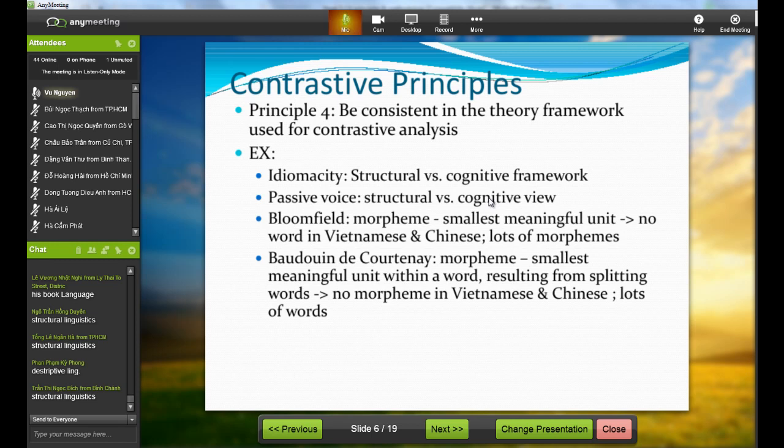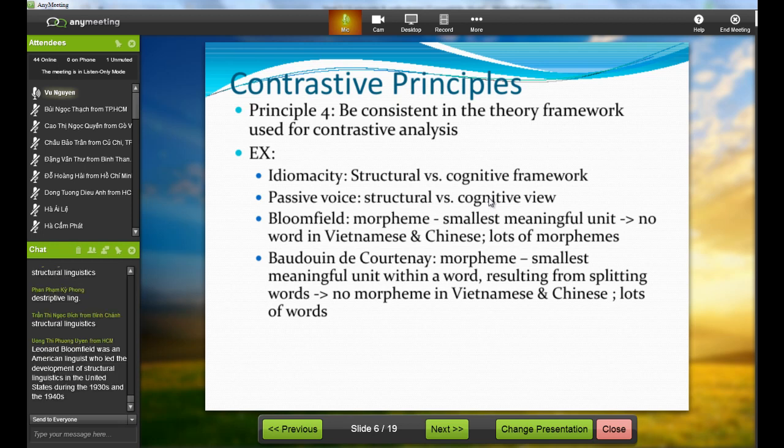No, Bloomfield is not best known for structural linguistics. Bloomfield is credited for his work with descriptive linguistics. Remember what we talked about last time?